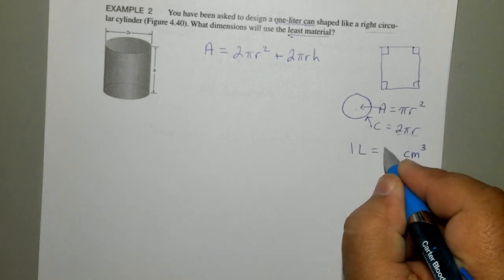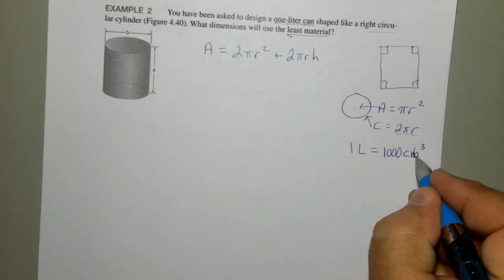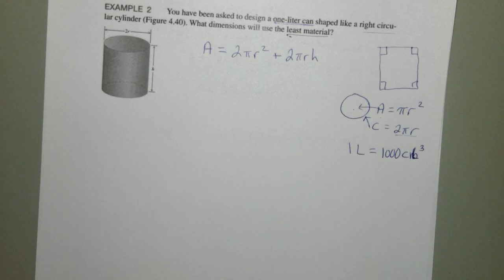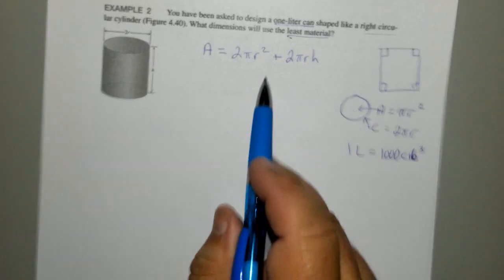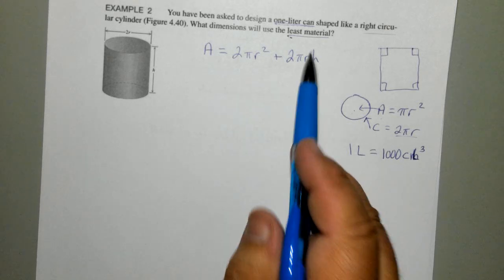So 1 liter is the same thing as 1,000 centiliters, not centimeters, centiliters. Okay. Now we got to start putting this stuff together. We drew a picture. We have the formula. We're looking for the maximum or minimum. Minimum.